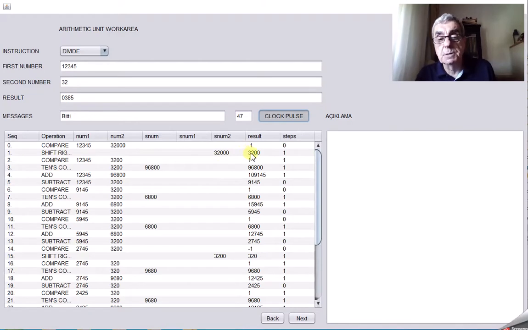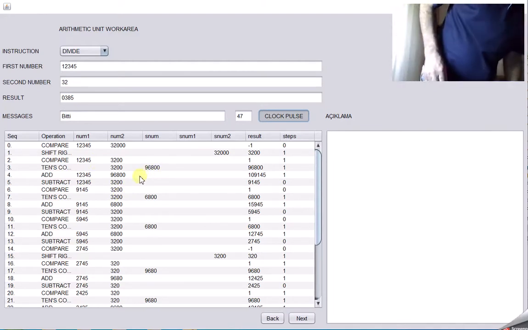So we have 3,200, and we will compare this one with the initial dividend, and it looks like the dividend is greater than the new divisor.